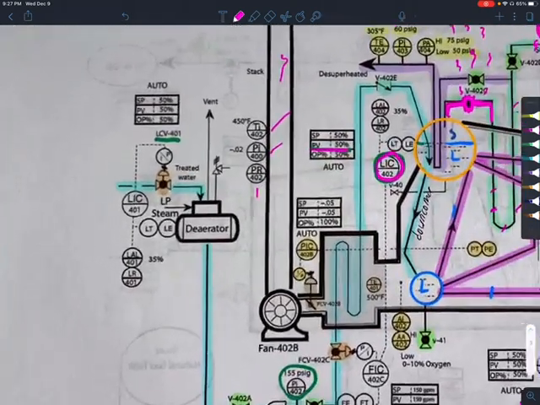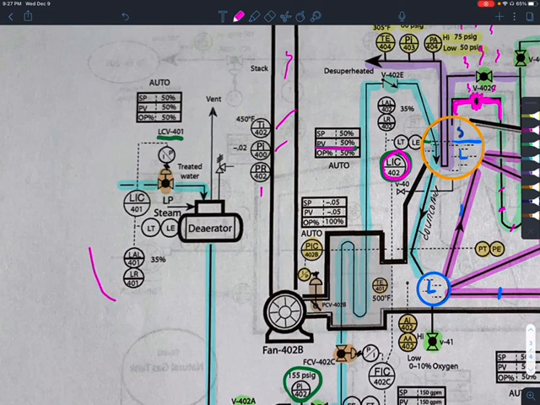Okay. Oh, real quick. This is control loop over here. Control loop 1. This is measuring the level in the deaerator. There's a recorder there.